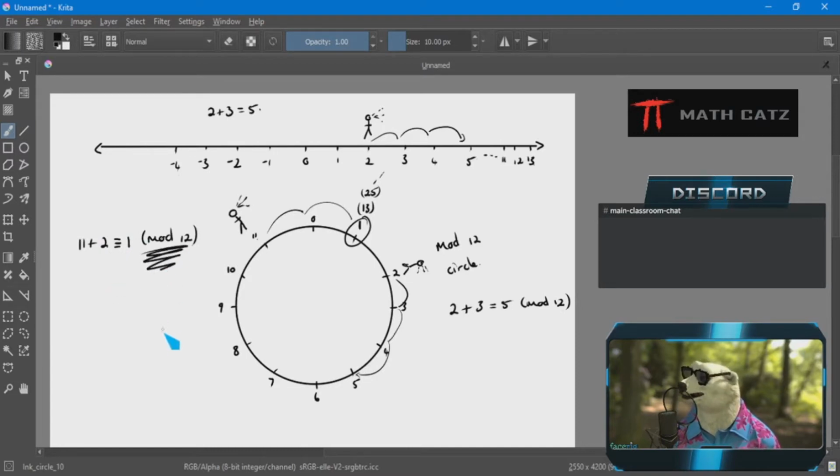You just have to say which circle you are on, and that justifies why it's not 13, because I'm counting on a different kind of line, a line that's connected to itself in the circular way. So there are a lot of similarities between the number line and the modulo circle. The problem is my final answer can only be one of these representatives.